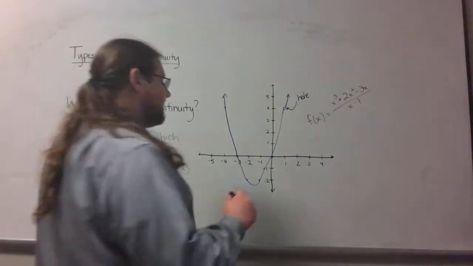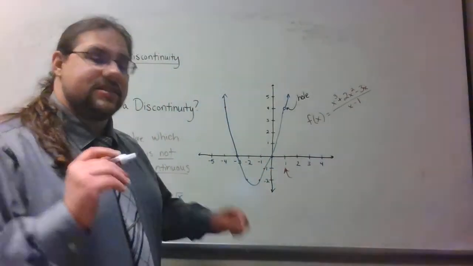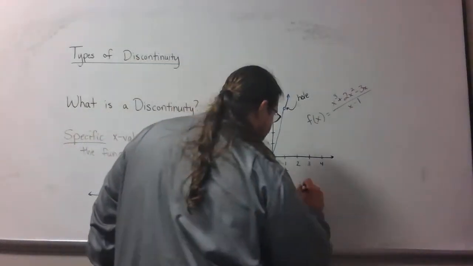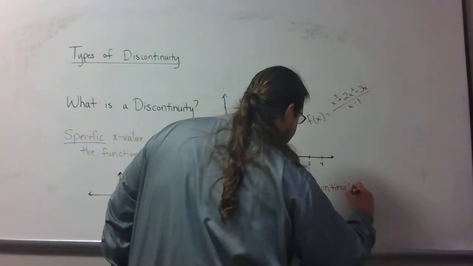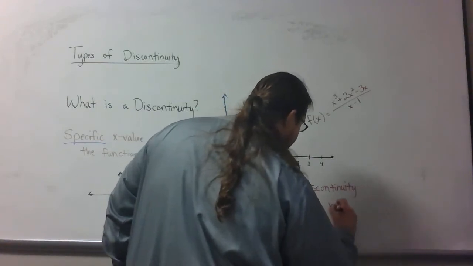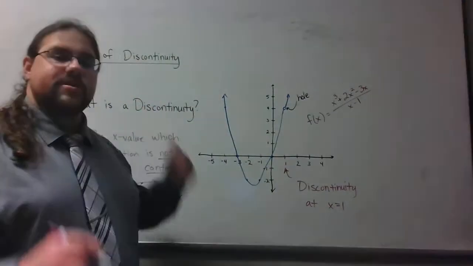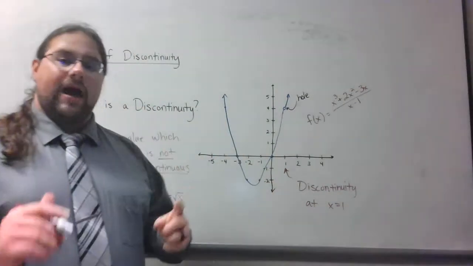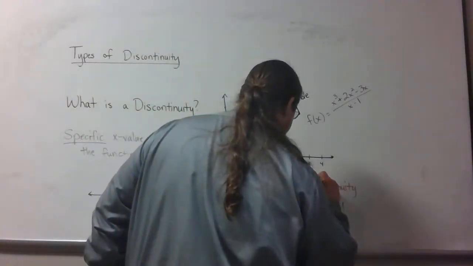Now, because I have a specific x value where it is not continuous, I'm going to call it a discontinuity at x equals 1. Now, the question is, we're going to talk about different types. What type is this one? Well, we call it a removable discontinuity.